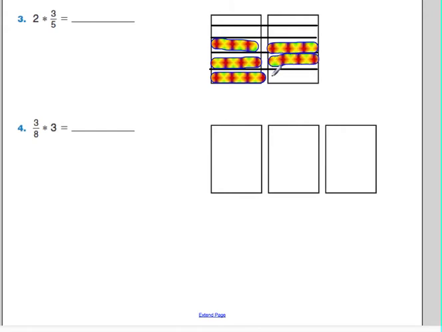Now, how many fifths is that altogether? It is 6/5. Because 6/5 is an improper fraction, how could it be simplified? 6 divided by 5 is 1, with the remainder of 1/5.